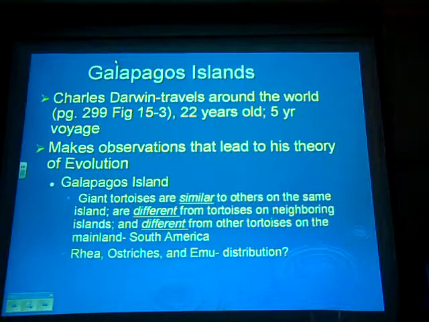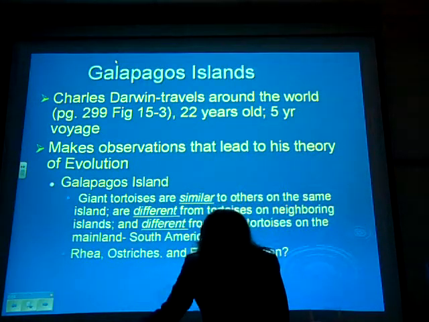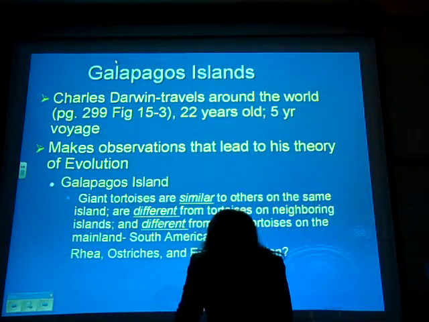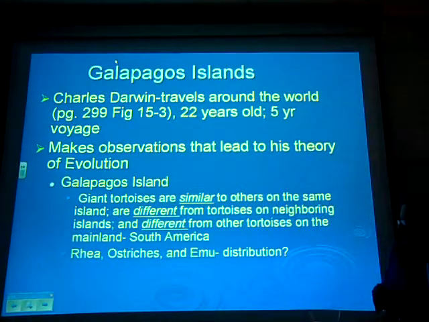So his observation primarily started when he traveled around the world, but specifically in the Galapagos Islands, he started to look at giant tortoises. If you look at your book on page 296, you can see the giant tortoises that we speak of.